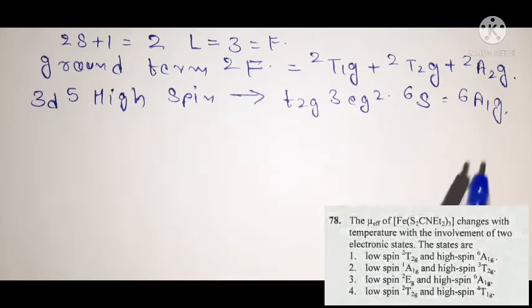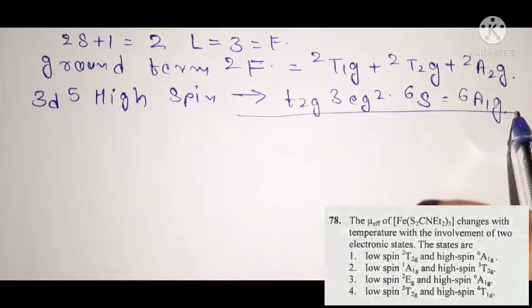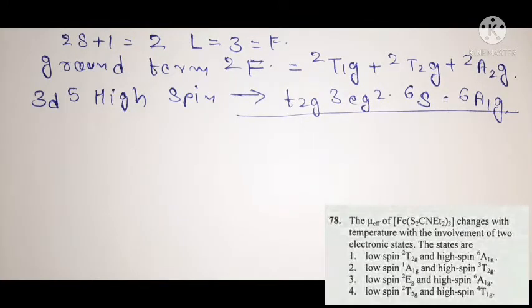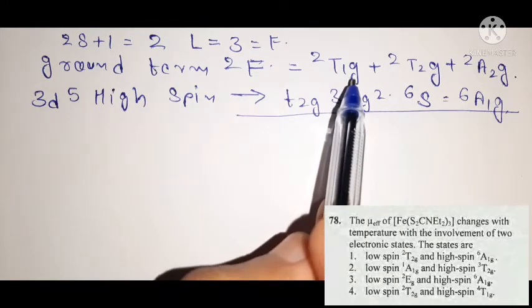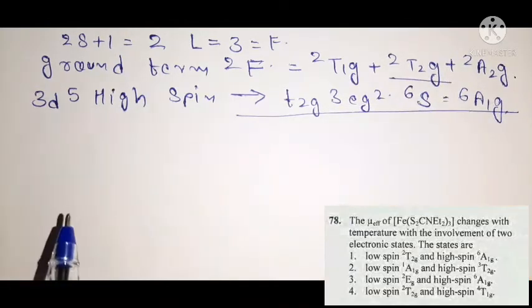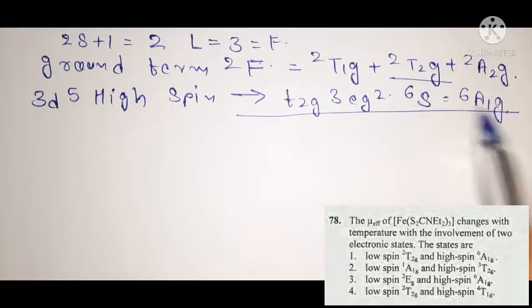So on the basis of this conclusion, we get the states associated with the high spin and low spin states. So the state which is associated with low spin is 2T2g, according to your options given in this question, and the state which is associated with high spin is this 6A1g.